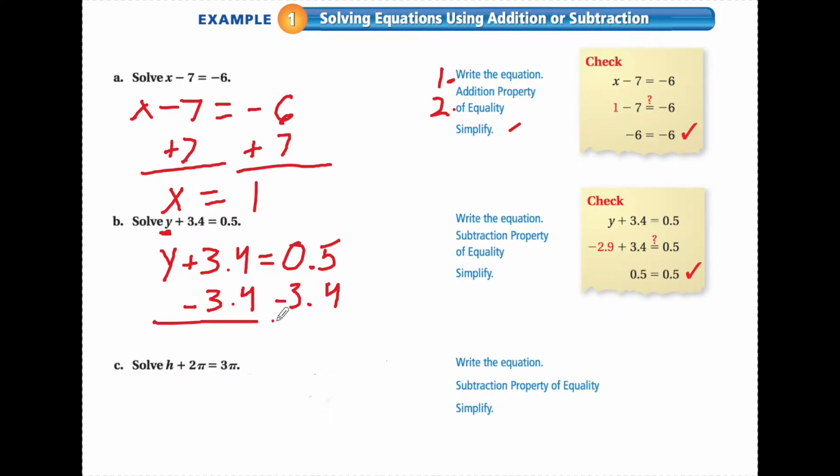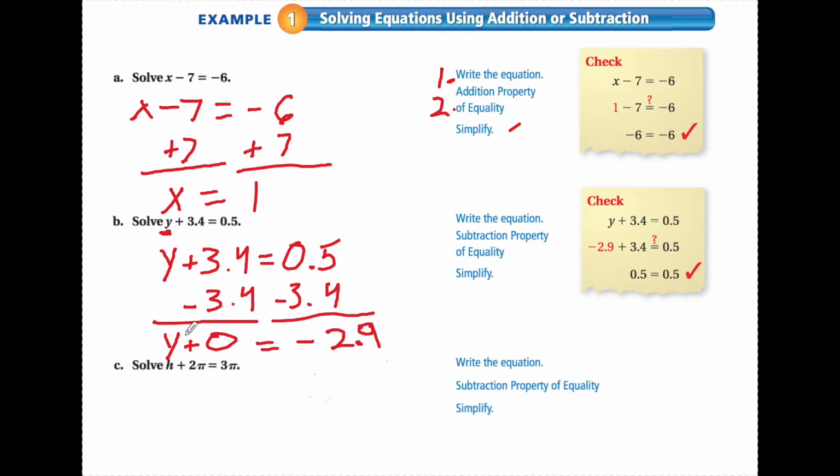Okay? When we do that, positive 3.4 minus 3.4 is 0. So we have y plus 0, because that equals 0, is equal to negative 2.9. 0.5 minus 3.4 is negative 2.9.